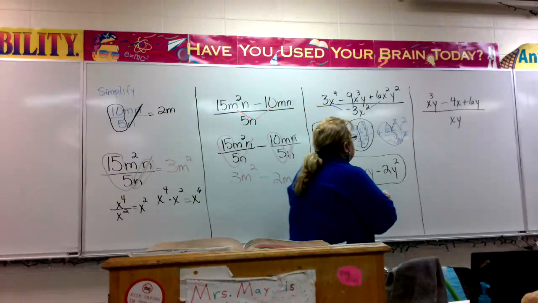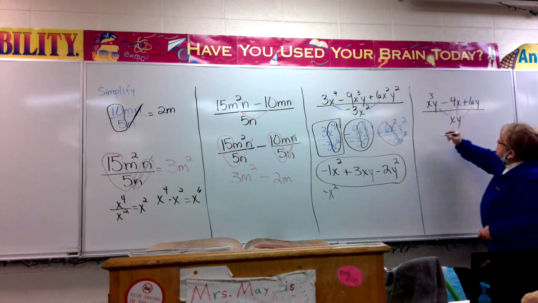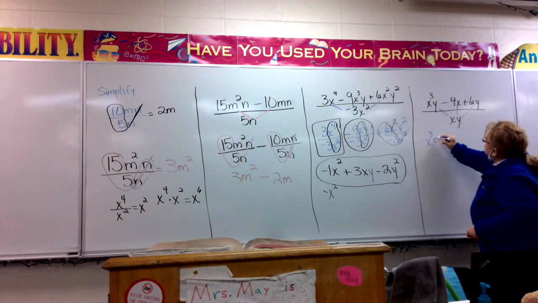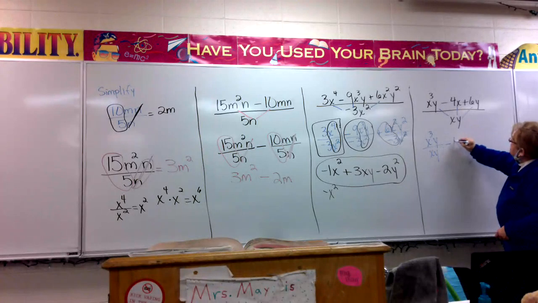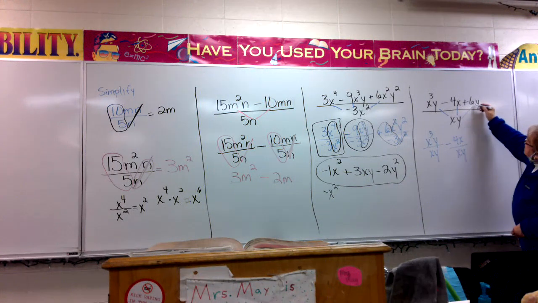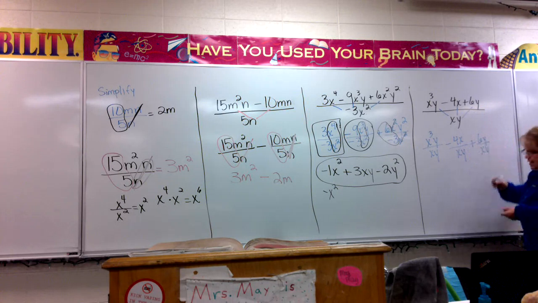So I want to show you, just quick, you know you have to write it with each of those. x to the third y over xy. Write the next one, minus 4x over xy. Plus 6y over xy.